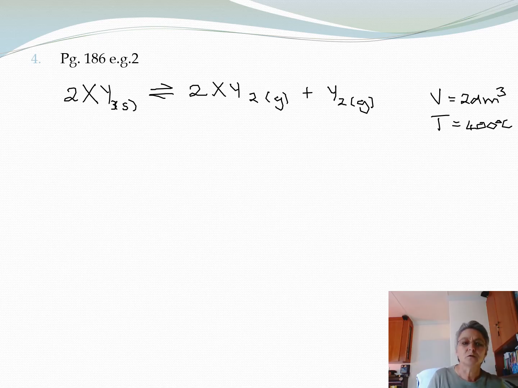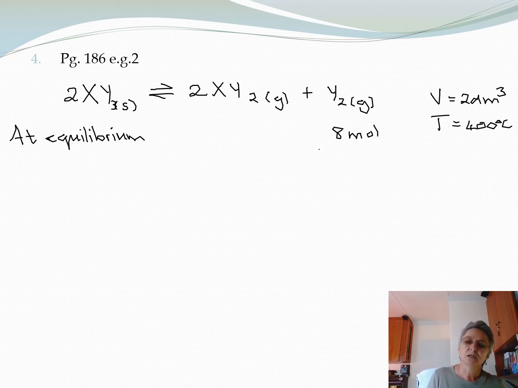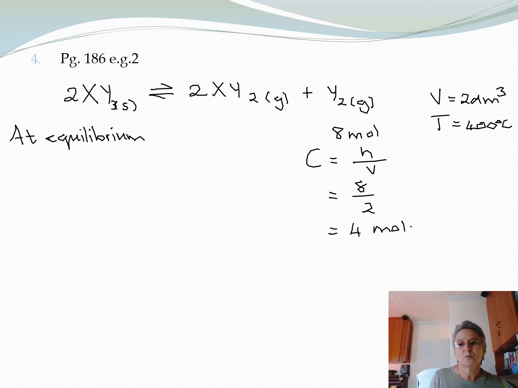So at equilibrium, you have 8 moles of Y2 gas. To calculate concentration, we take moles divided by volume, so it's 8 divided by 2, and we get 4 mole per cubic decimeter.